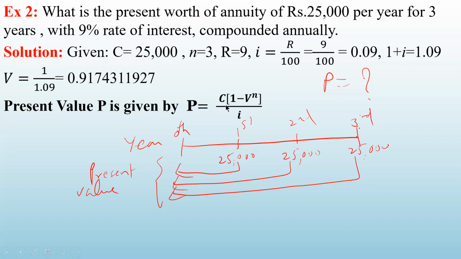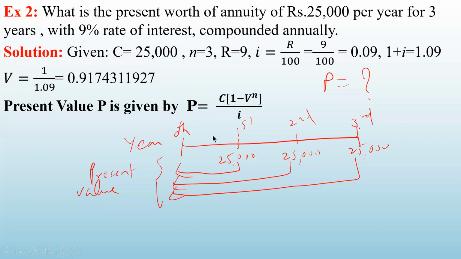P equal to C into 1 minus V to the power N divided by I. Here C is 25,000, N is 3, R is 9. I is R upon 100, so 9 upon 100, that is 0.09. 1 plus I is 1.09. V is 1 divided by 1.09, which gives this big number, 0.9174311927.